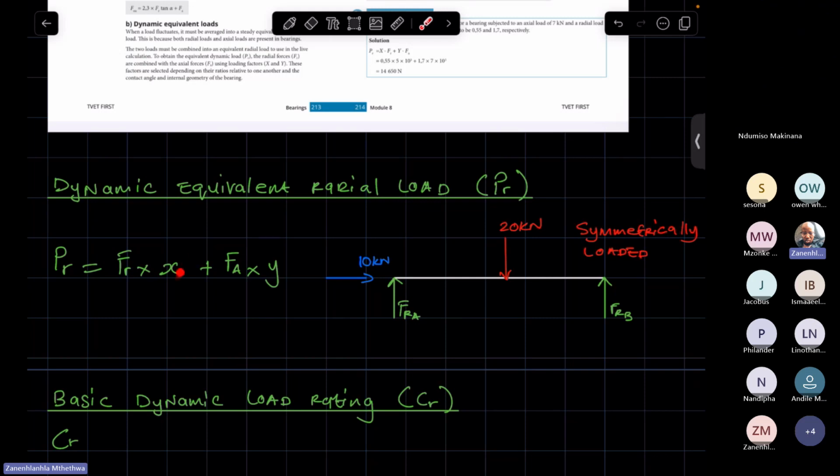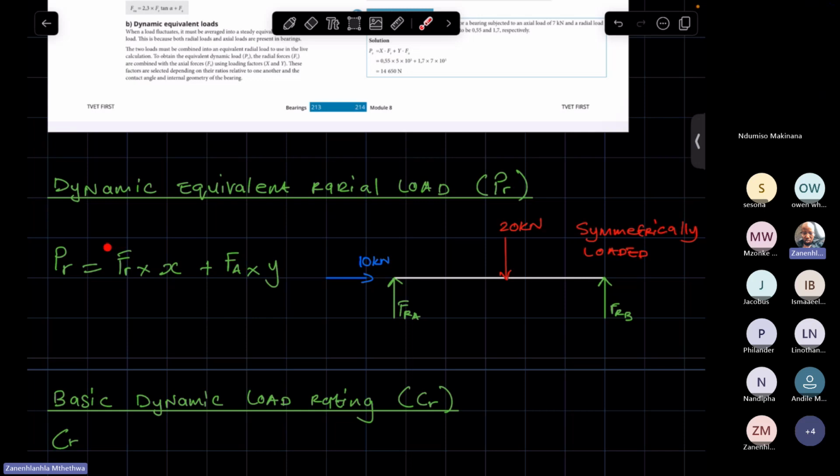So X is the factor of safety for radial loads, and Y is the factor of safety for axial loads.